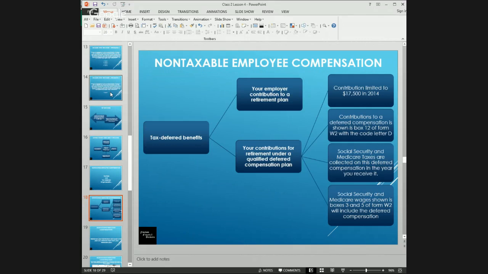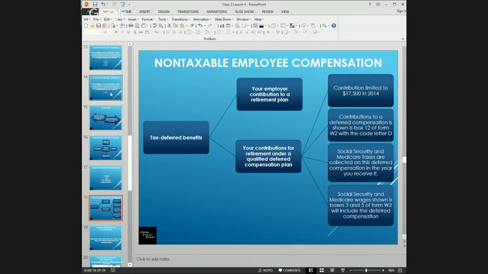In the event that you receive tax-deferred benefits, this could include your employer's contribution to a retirement plan. It can also include your contribution to a retirement plan under a qualified deferred compensation plan. And there's a few specifics related to your contributions to a qualified compensation plan. First, there is a limit.